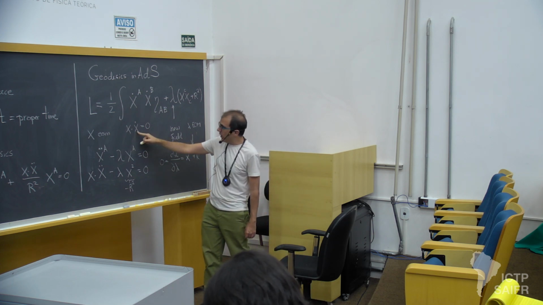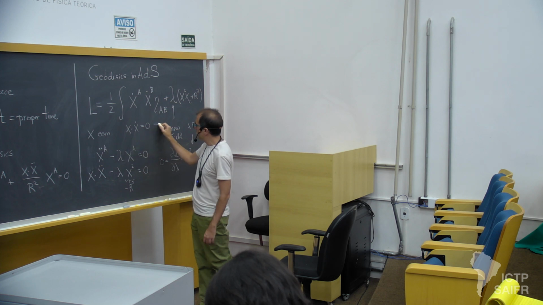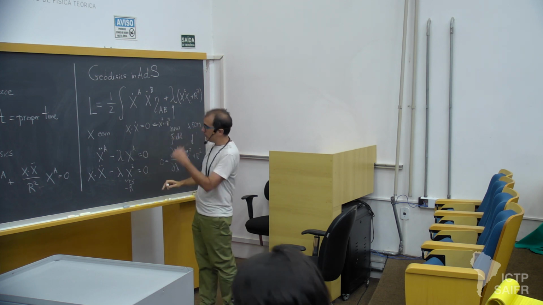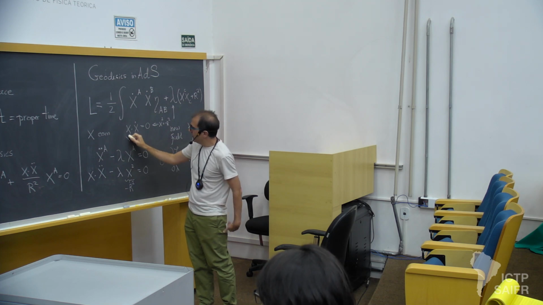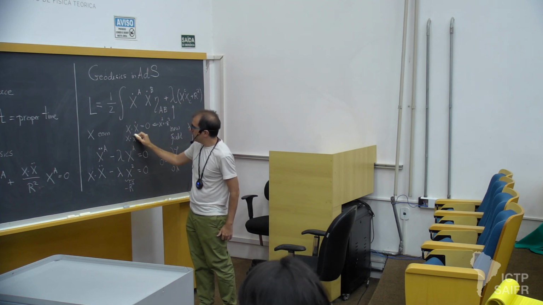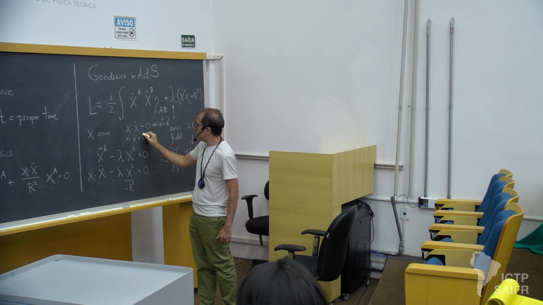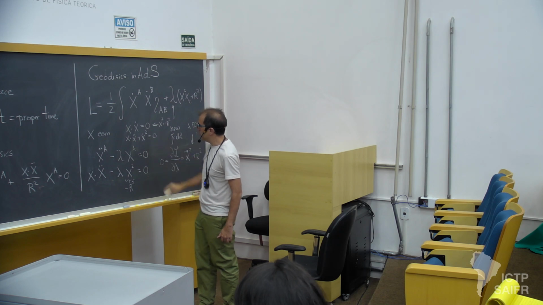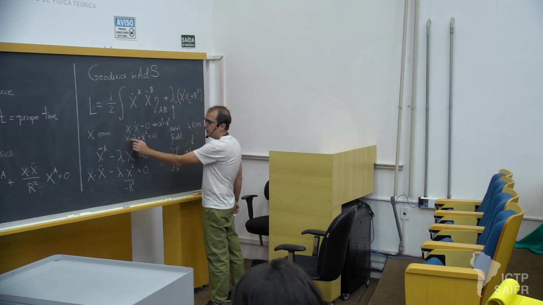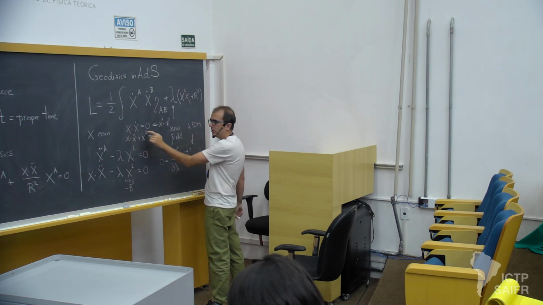But then if I take one more derivative of this equation, so this follows from x squared equal minus r squared, I get that x dot dotted with x dot plus x double dot dotted with x equal to 0. And so x dot x double dot is just minus x dot squared.